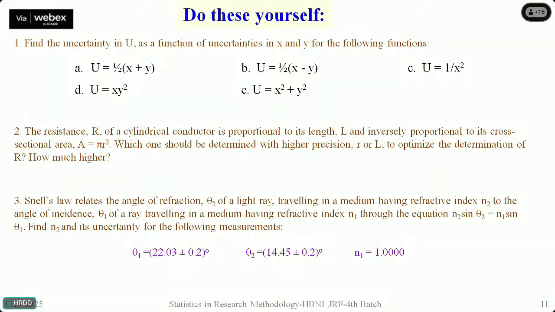Length is a larger quantity; for the cross-sectional area, the radius will be smaller. Obviously, you have to focus upon the radius, and another thing is that you are taking a square of the radius function, so that error gets propagated. That way you can focus wherever is absolutely necessary to improve the measurement.